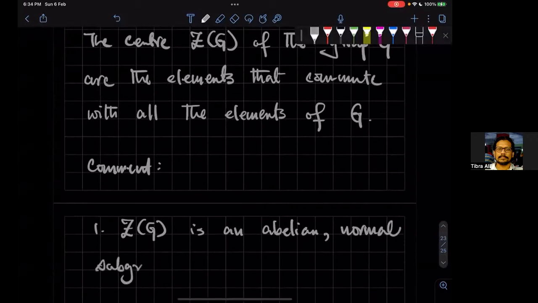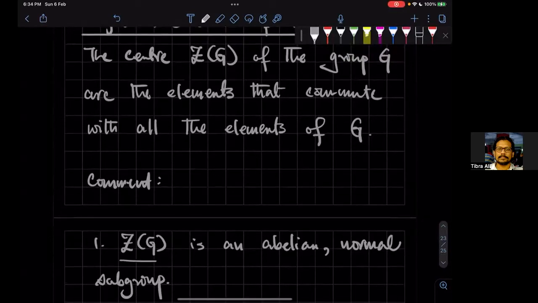Because we know that all abelian subgroups are normal subgroups. Is it clear that this is a group? Or should we prove this?